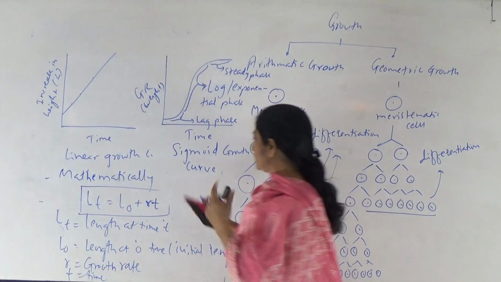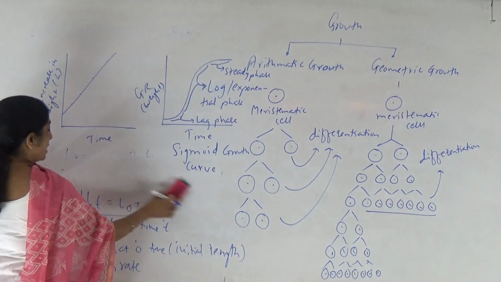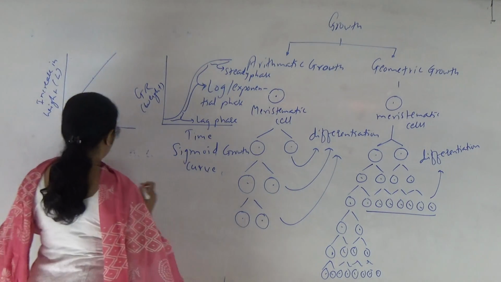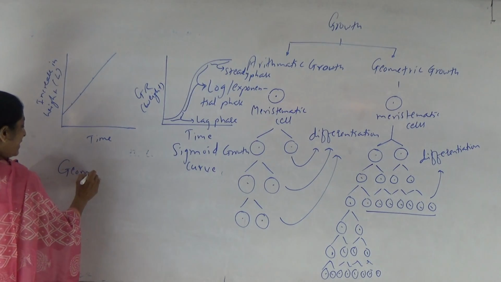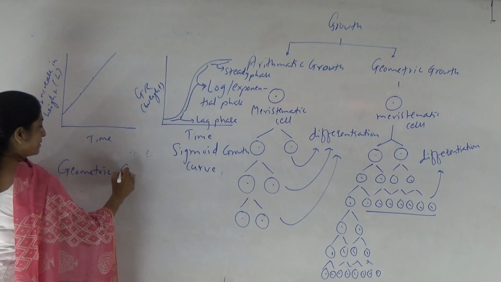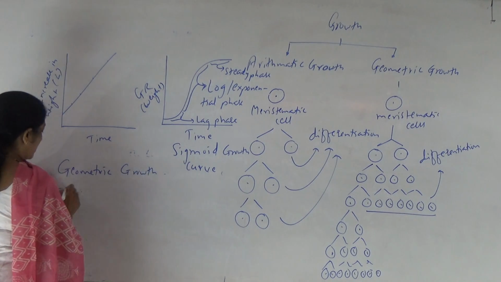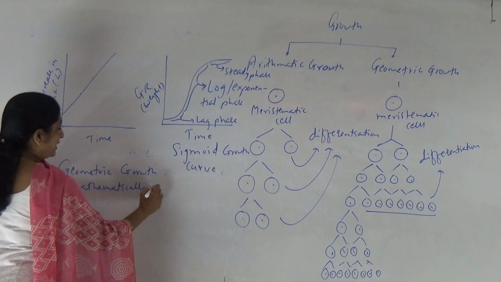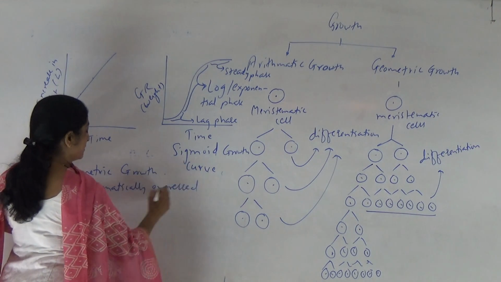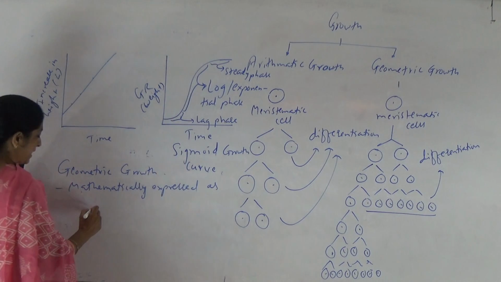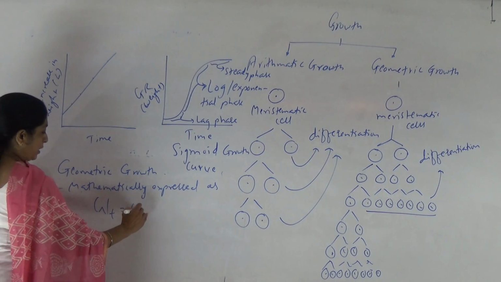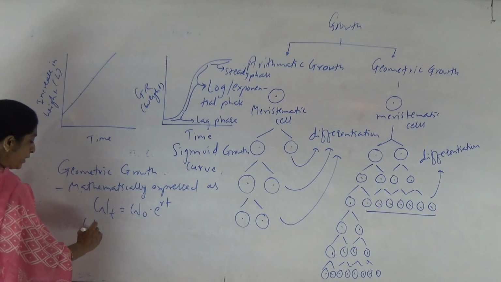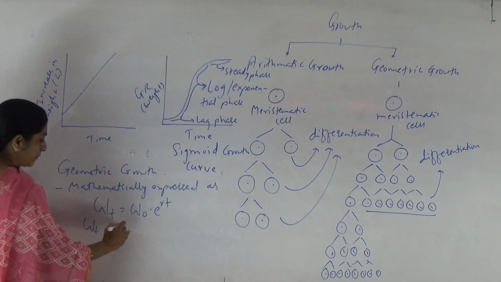Like arithmetic growth, geometric growth is also mathematically expressed. It is expressed as Wt equal to W0 into e raised to RT, where Wt means final weight.